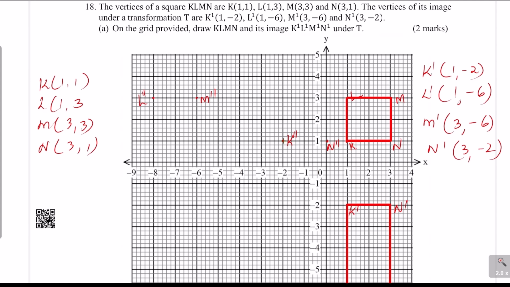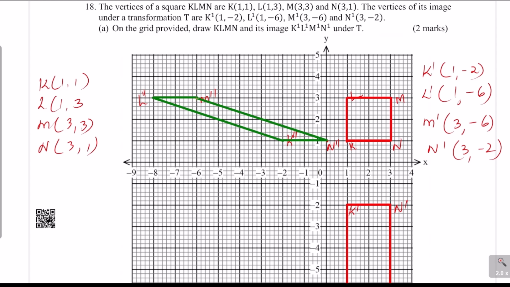So we can join these, K to L like that, and then M, joining the points, and up to that point, and then there we have it.